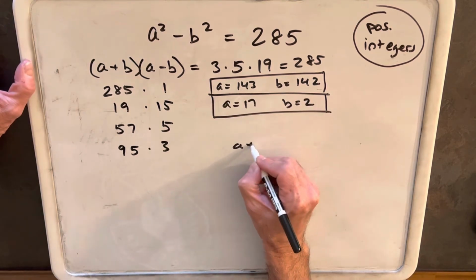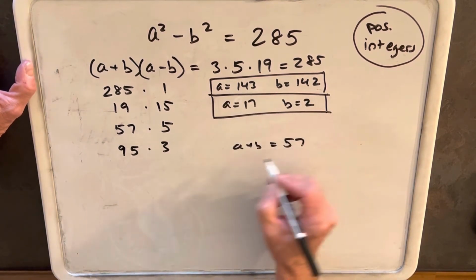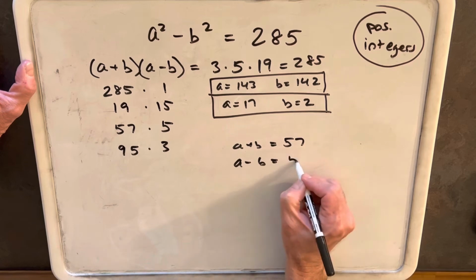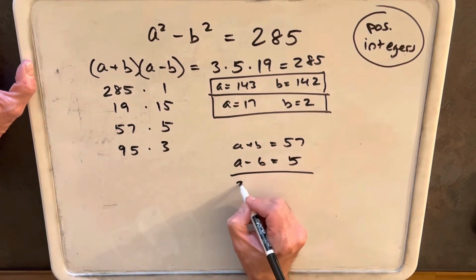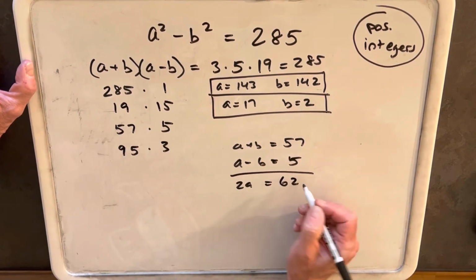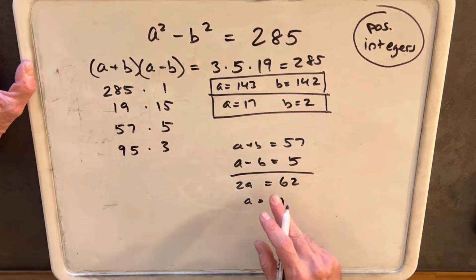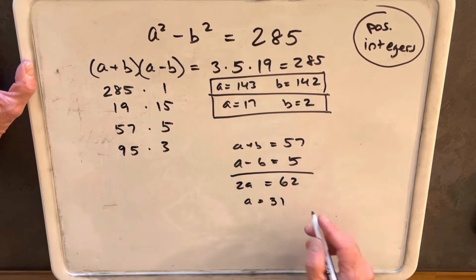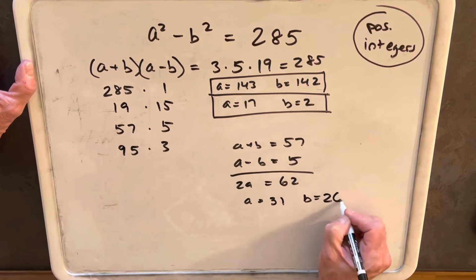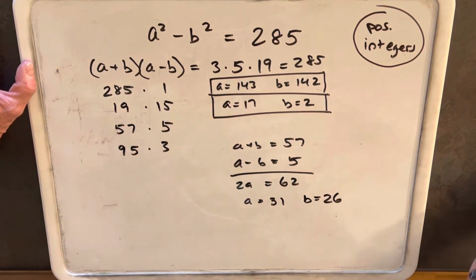Next, we'll look at a plus b equals 57, a minus b equals 5. Adding these together, 2a equals 62, a equals 31. Looking at a minus b equals 5, b must be 26. That'll be our third solution.